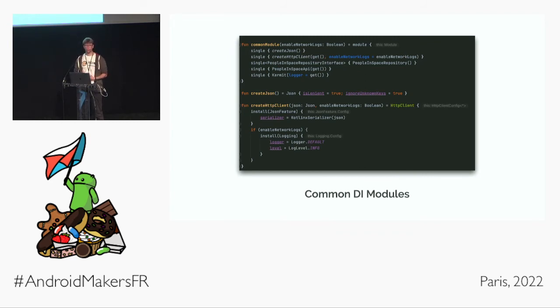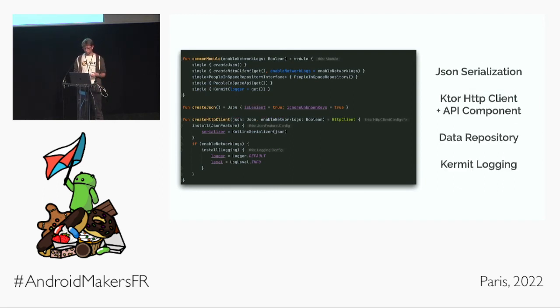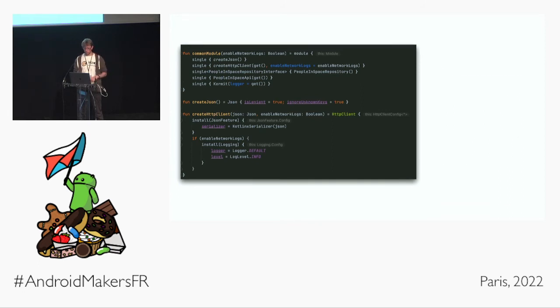Why? Because Koin is pure Kotlin, and you can describe everything that will be cross-platform. That means you declare a common module with your multiplatform JSON serialization, your Ktor client, your data repository with remote access, and logging.